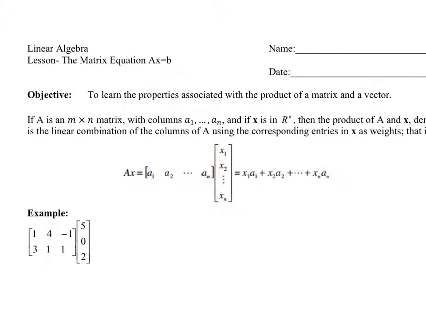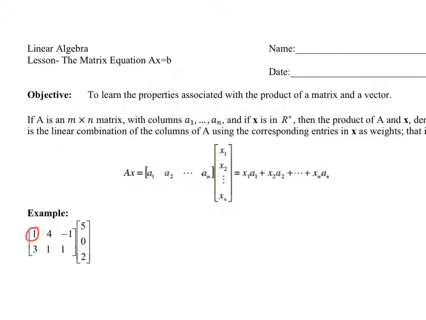All right. So what that's telling me is that I'm going to take every entry in the first matrix and multiply it by every entry in the vector. And then you do the same thing with the second.